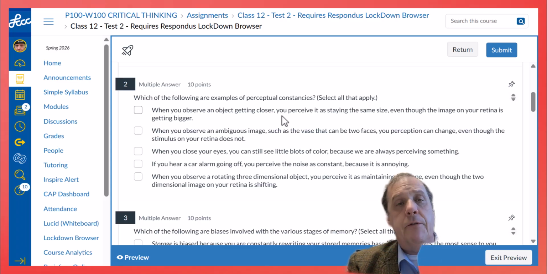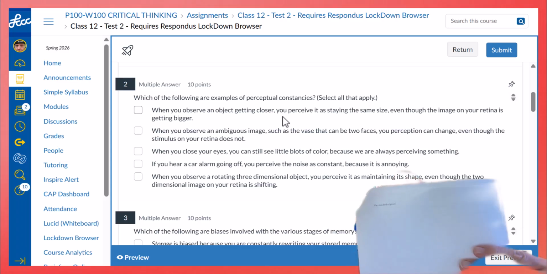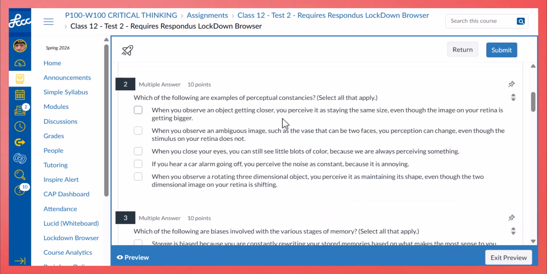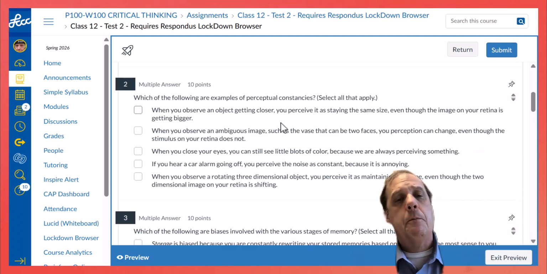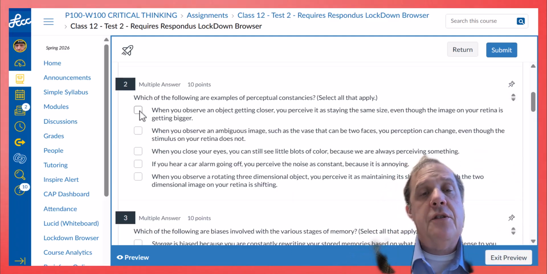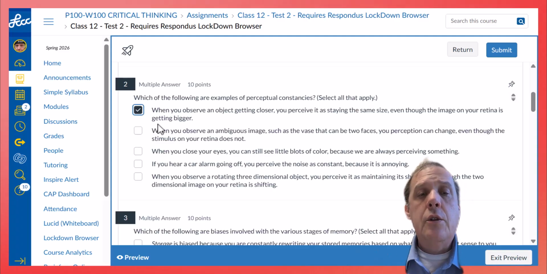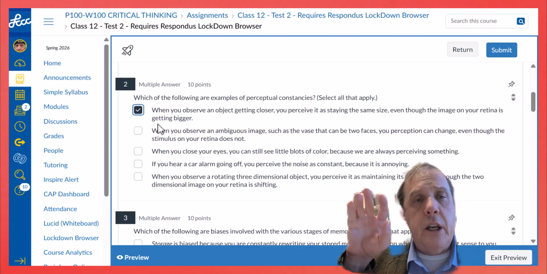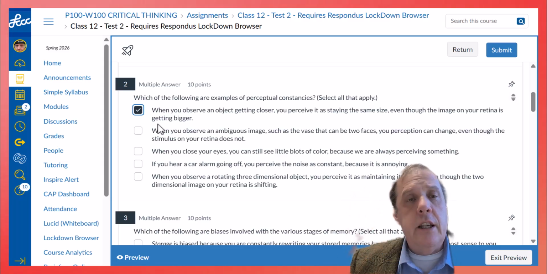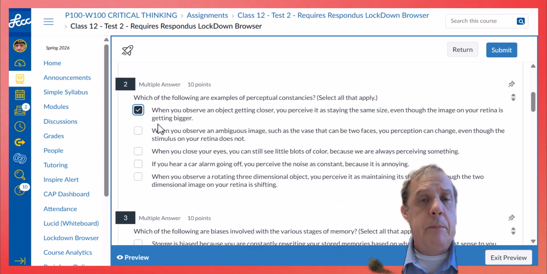So if I put this review sheet up to the screen, it takes up more and more of the screen, but you don't think it's growing, you think it's getting closer. And that's just part of how your brain turns the 2D image on the back of your retina into a 3D picture of the world.